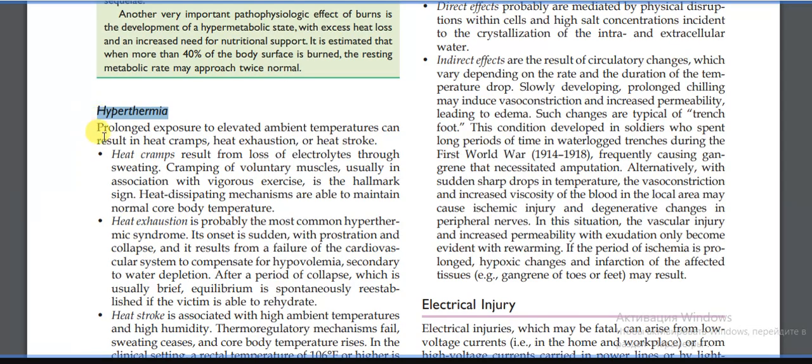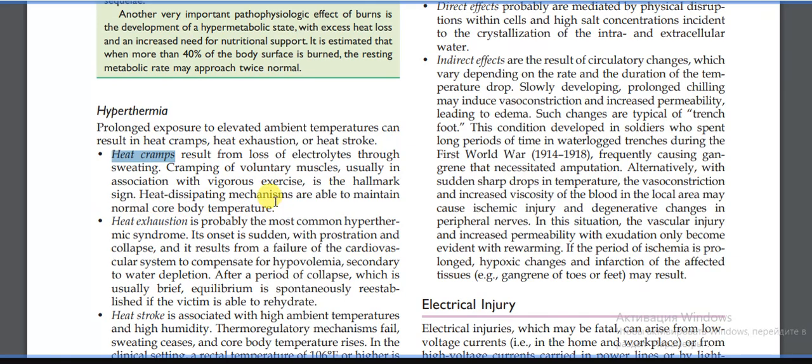Okay, and the first example is heat cramps. Heat cramps result from loss of electrolytes through sweating. Cramping of voluntary muscles, usually in association with vigorous exercise, is a hallmark sign. Heat dissipating mechanisms are able to maintain normal core body temperature.